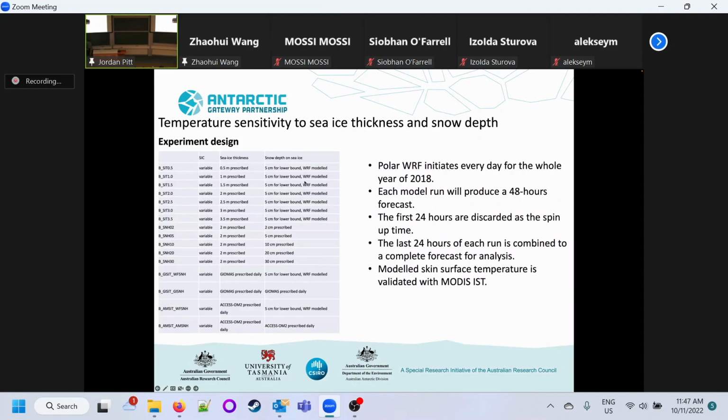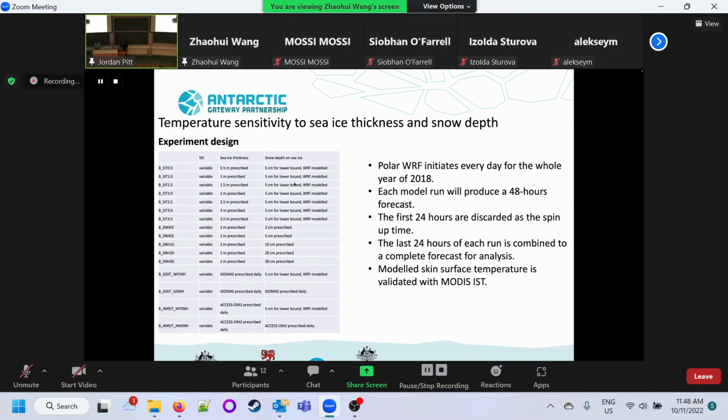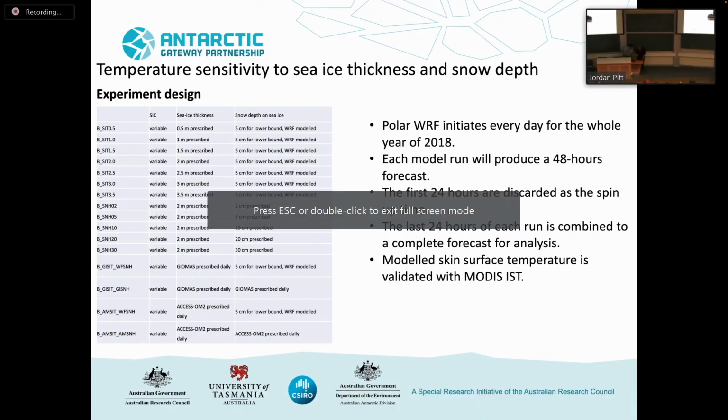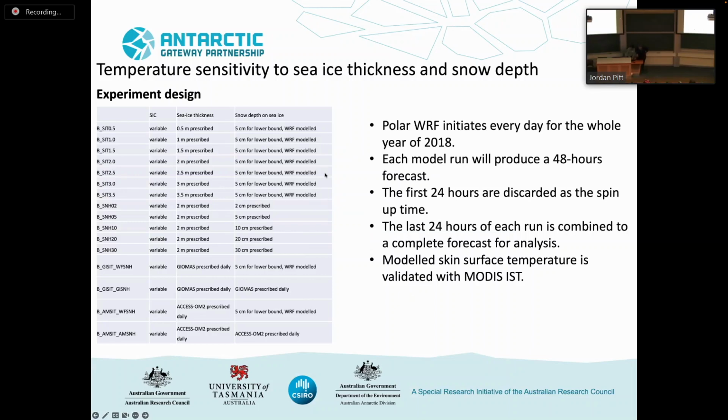We allow the snow depth to be simulated by Polar WRF itself, and Polar WRF accumulates or melts the snow by itself. But we found that for short-term weather forecasting, I mean 24 hours, the accumulating or melting is really small, so it can be neglected and treated as a constant value of 5 centimeters.